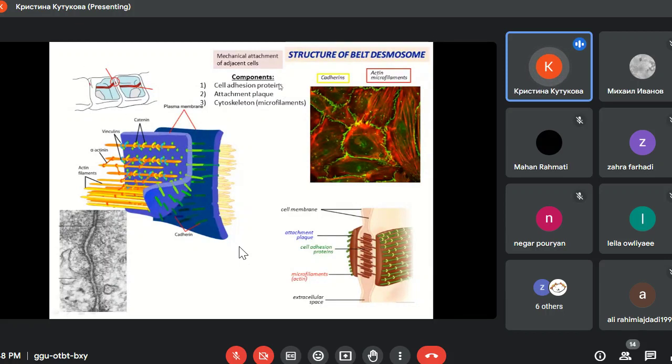It is composed of three components: cell adhesion proteins, which are called cadherins. One end of such a protein is inside of the cell, it goes through the membrane, and the second end goes outside. And these ends attach to each other between the two membranes of adjacent cells. Second component, attachment plaque.